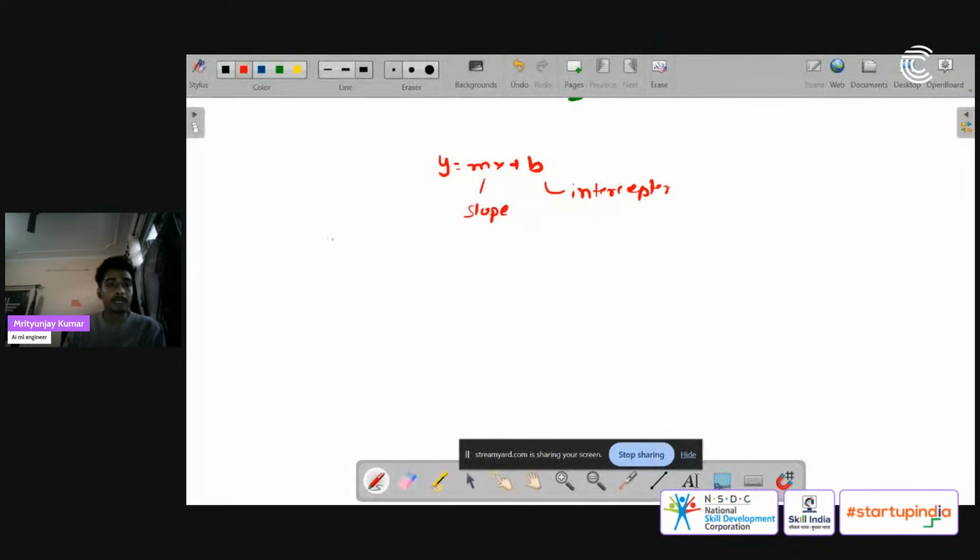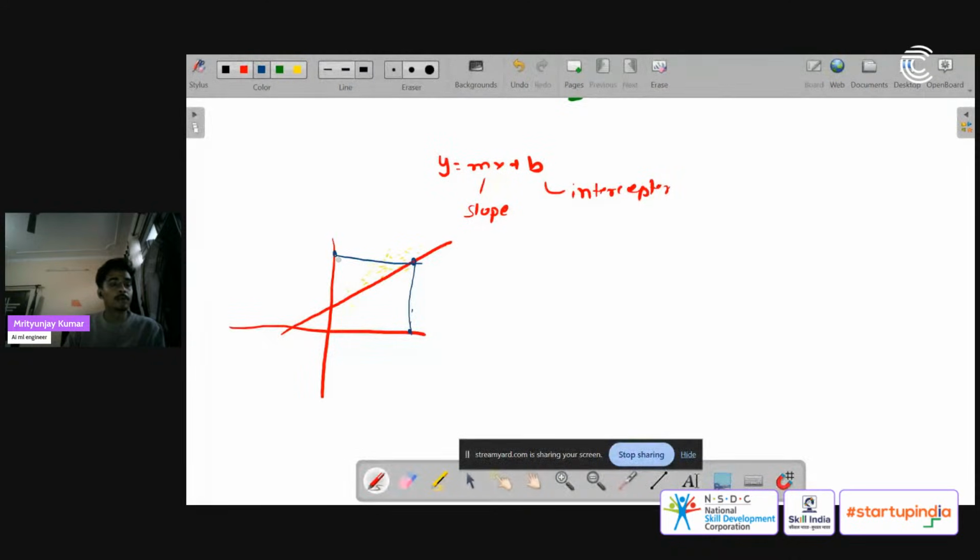Just stay focused. The line explains all the data points, so whenever a new data point comes, we can easily predict it by using this equation to find the value of y.